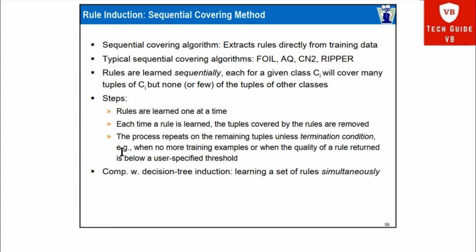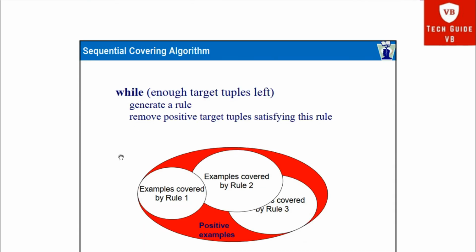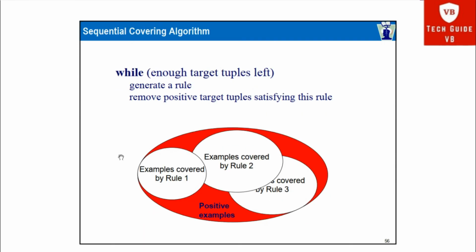So this is rule induction, and the steps are given. The next is the sequential covering algorithm, where a while loop is used: while enough target tuples are left, generate a rule and remove the positive target tuples satisfying this rule.